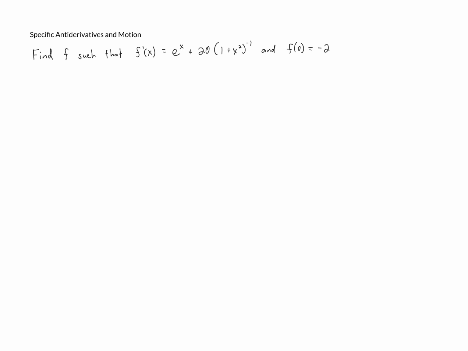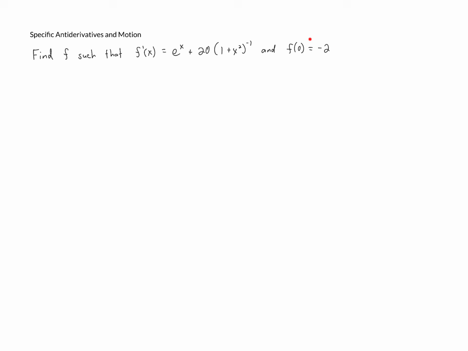All right. So the first part of this problem looks like something we've done before. Find a function that has a particular derivative, but we're also given another piece of information. Specifically, we want the value of that function at 0 to be equal to negative 2.